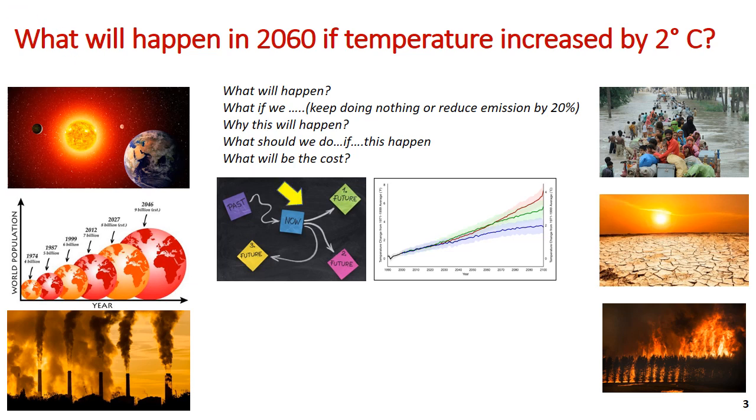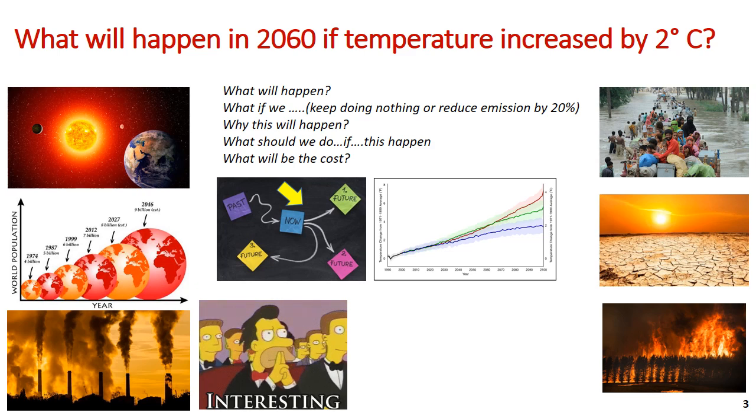But the future might take different paths depending on the inputs, depending on the situation and the actions that we take today. It can take path one, as you can see. The increase in temperature might lead to flooding somewhere, or it might cause droughts in some other places, or it might lead to forest fires.